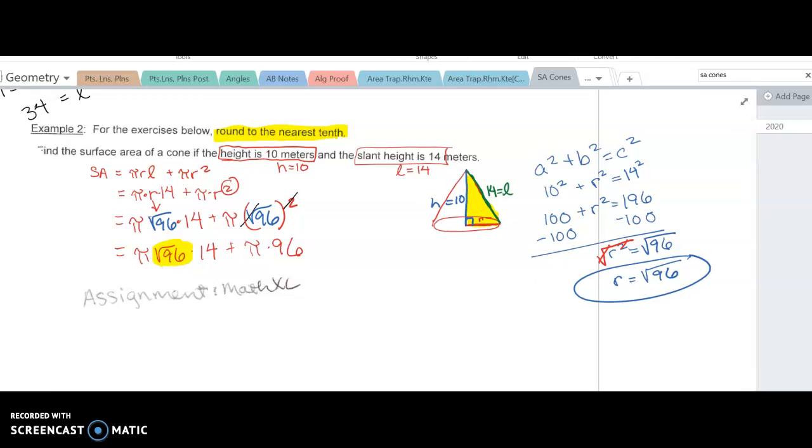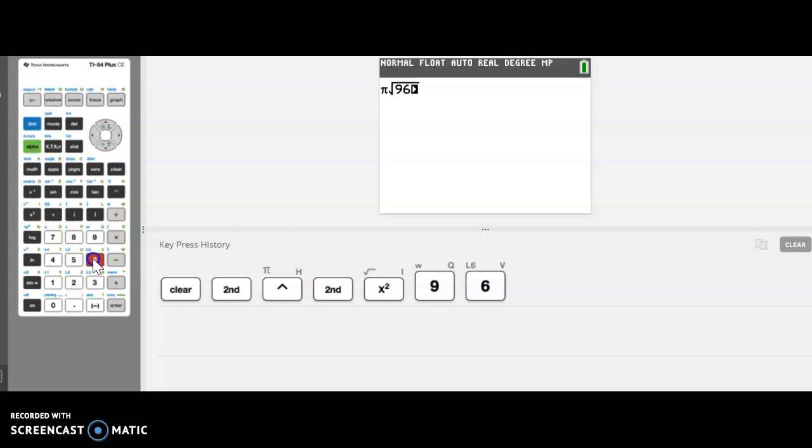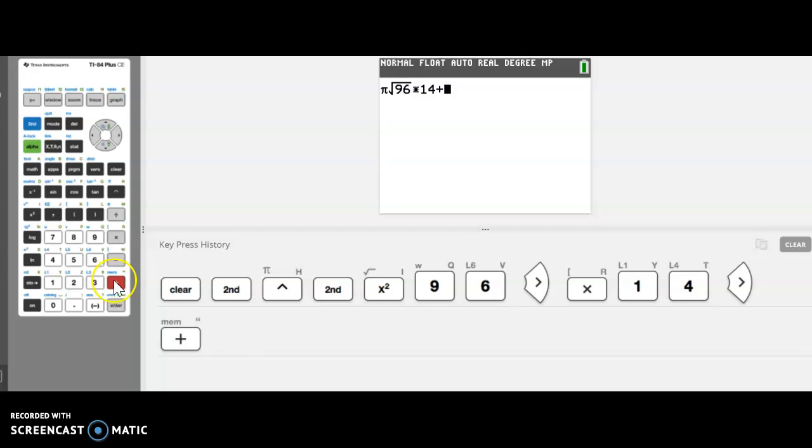So let's hop over to the calculator and see what that looks like. Okay, so remember we were doing pi times square root, second and the x squared button, 96. Then remember you have to press the right arrow button to get out from underneath the square root, times 14. Then we're going to do a plus pi times 96.